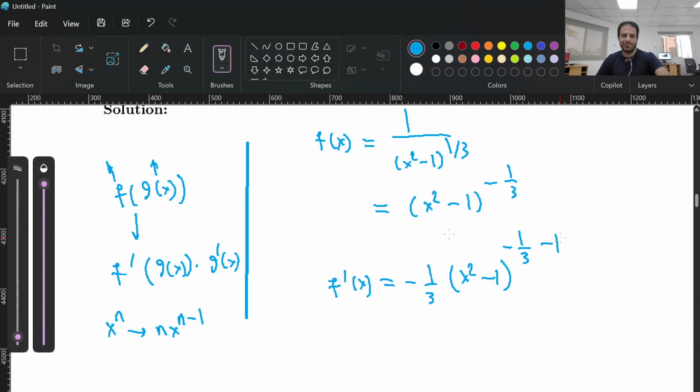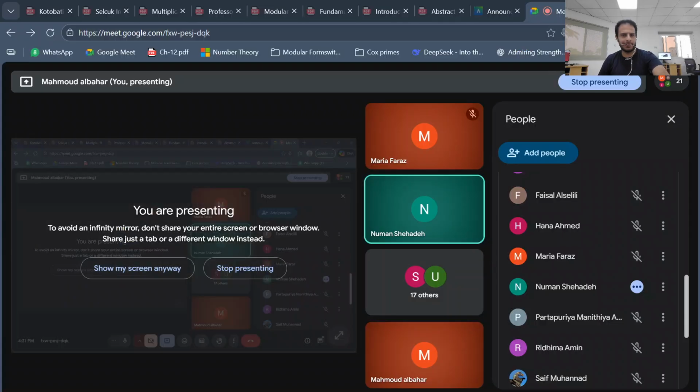Minus 1 is the same as 3 over 3, so this is minus 4 over 3. Then the derivative of the inner, which is 2x, because for x squared the derivative is 2x, and for minus 1 the derivative is 0. Thank you, Nu'man. Now the next one.